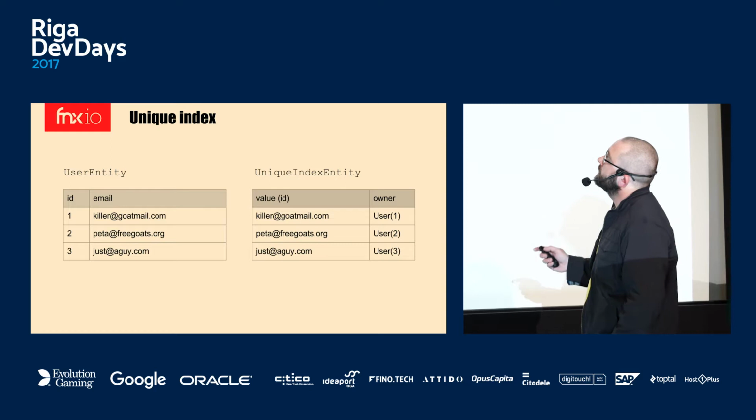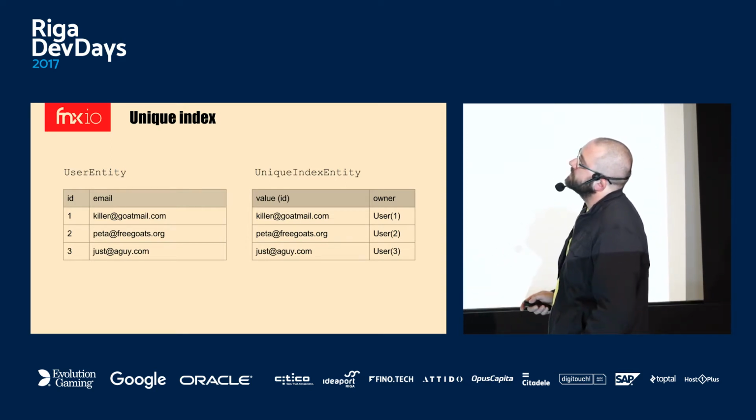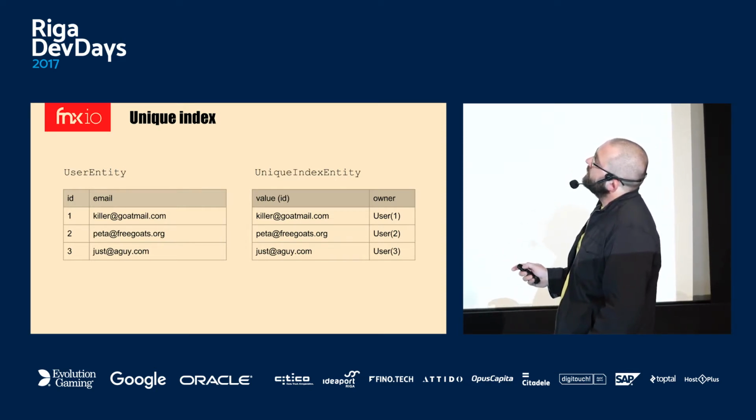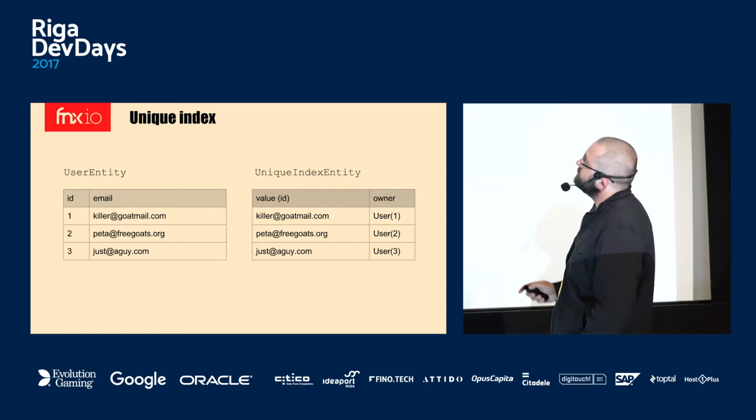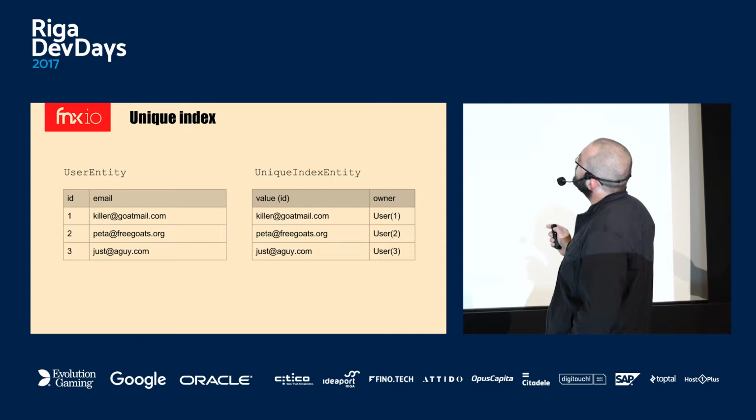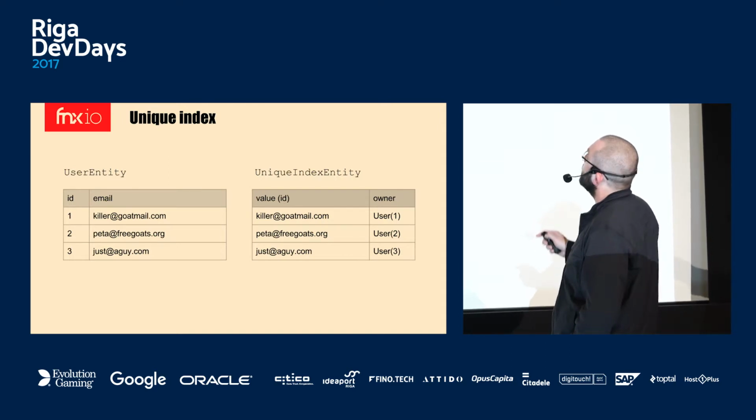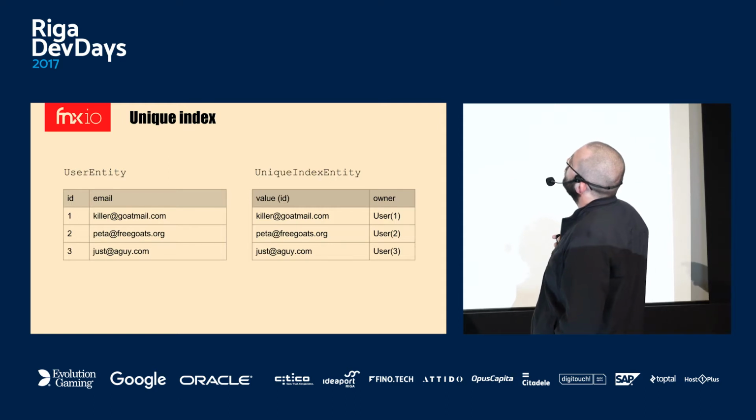So I can create a second entity just next to it, and the email here will be the primary key, and the only other column in this entity will be the identification of the owner of this email.